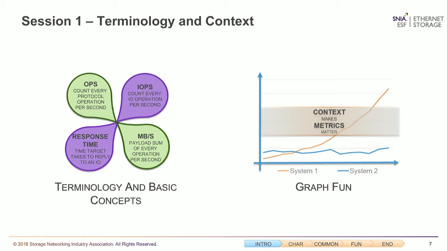For example, hey Chris, if a storage array gives me 10 millisecond response time, is that good or bad? Don't know. Depends. Depends on what? Well, what we're aiming for and the context of it. Perfect.